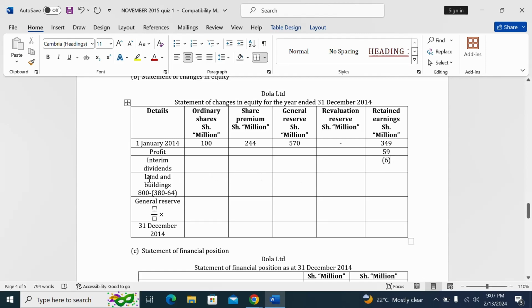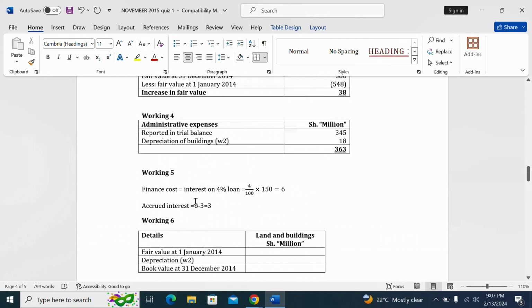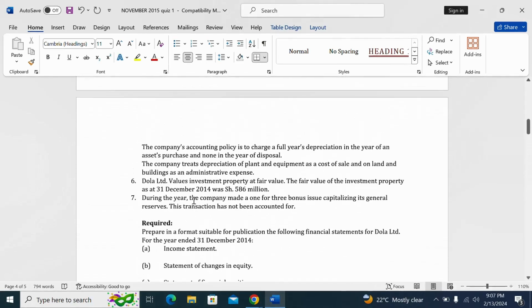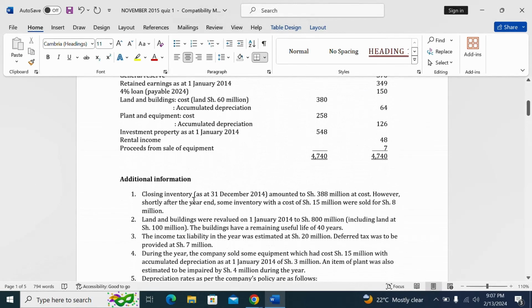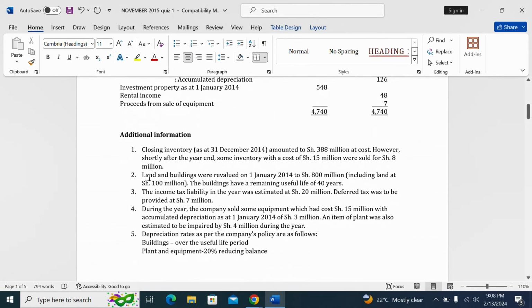Then there was revaluation of land and buildings in the additional information. Number 2, land and building were revalued on 1st January 2014 to shillings 800 million, including land at shillings 100 million. The building have a remaining useful life of 40 years.